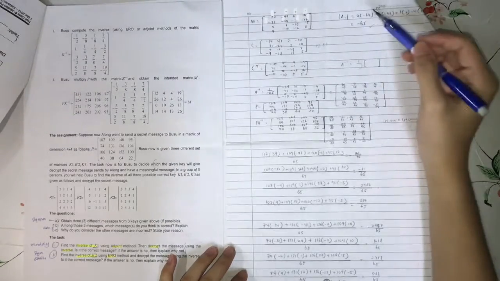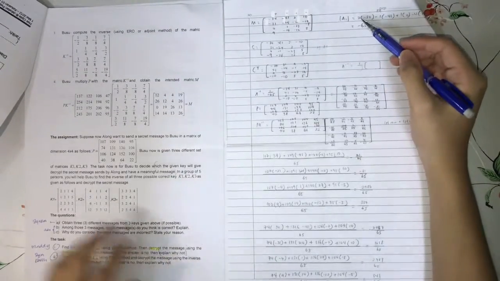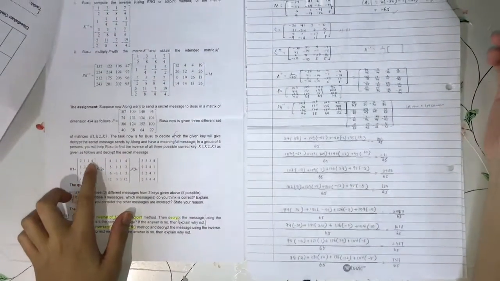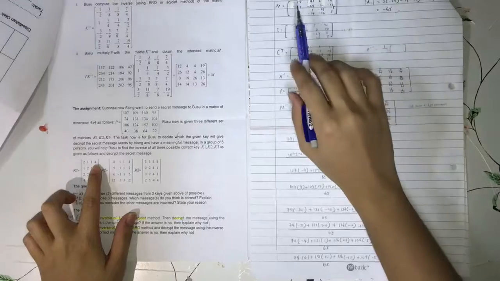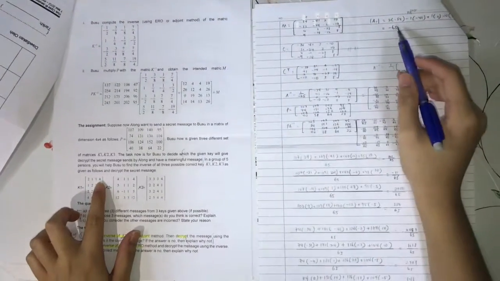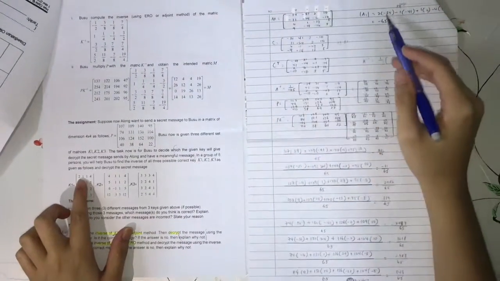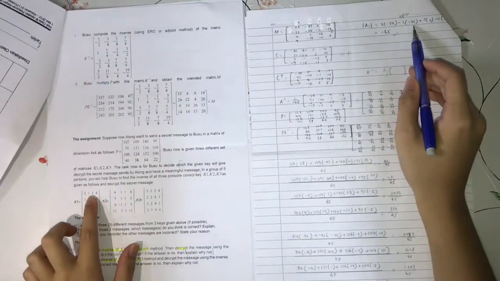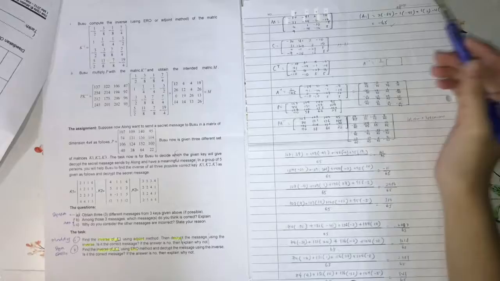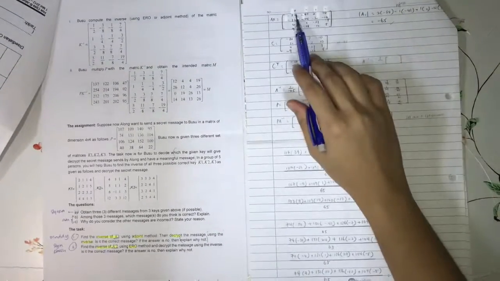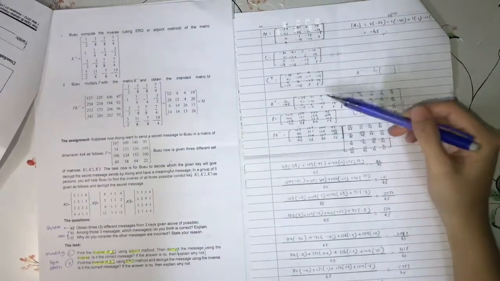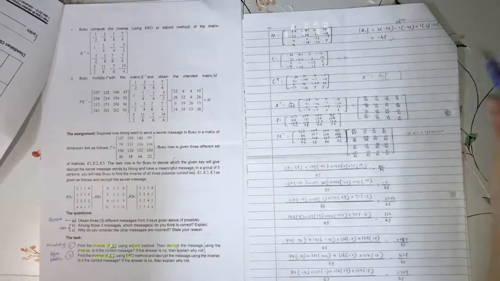So for instance, I take the first row, because K1 is given, and then I take the first row of the minor, and I'll just sub it in. So 2 times negative 34, and minus 1 times negative 41. Okay, so why do I minus? It is because of following the positive negative signs. After I find the determinant, I can multiply it with the transpose one, and I get all these values.